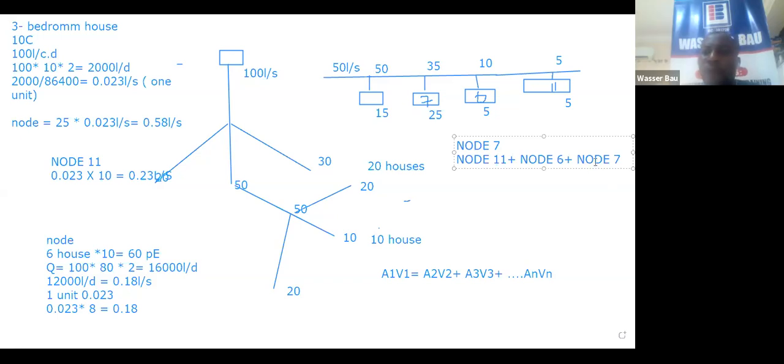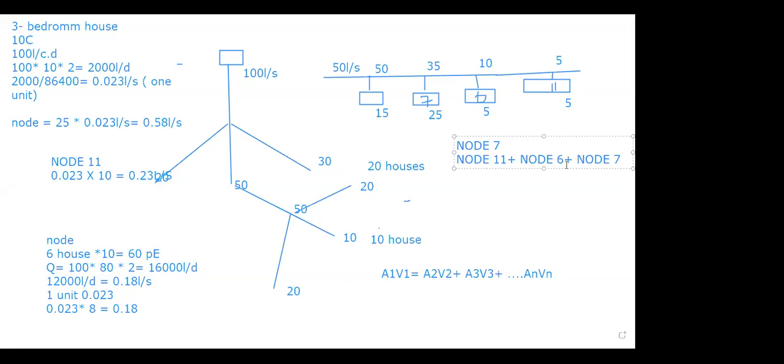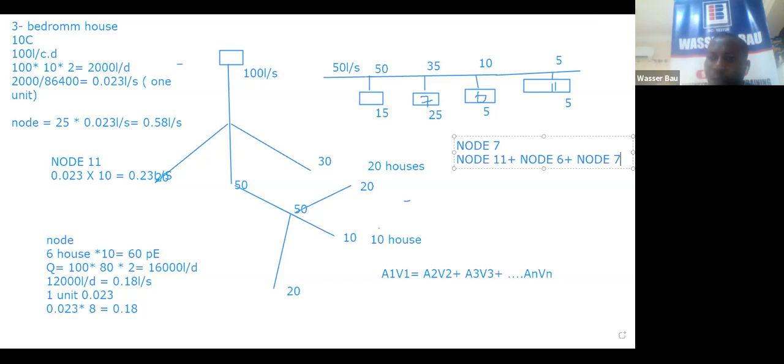Okay, so now we have done node 7. From here, you could see that we have done node 11, we have done node 6. Node 7 is equivalent to 8 houses. So 8 houses is somewhere 0.18. This is the value for 8 houses for node 7. So the total now becomes node 11. What do we have in node 11?